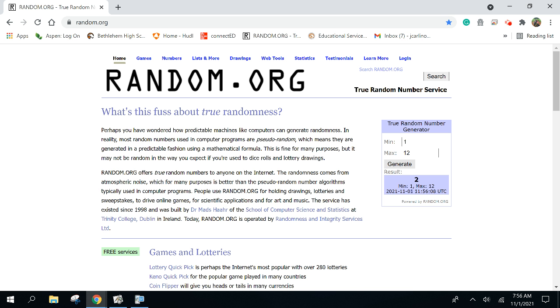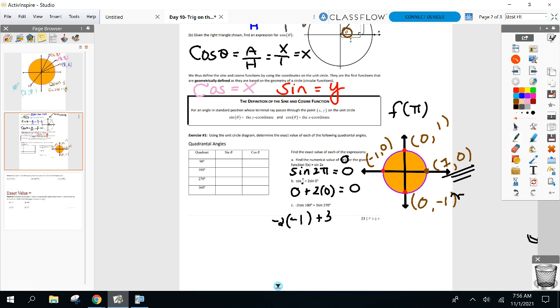Sine of 270. What do you got for me? -1, the y coordinate. And then you take over from here. Two plus -3. Hey, I don't get 0 here. I get -1.